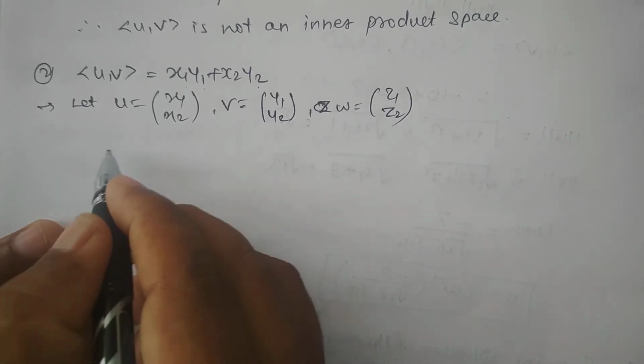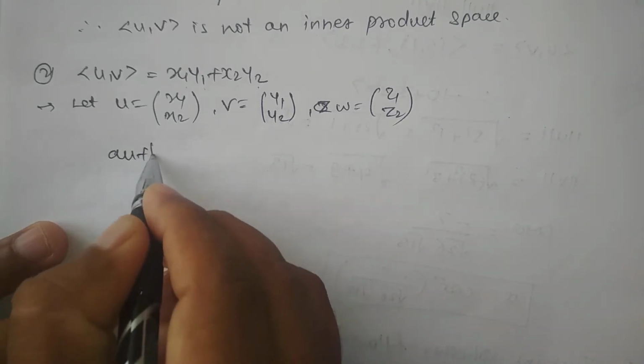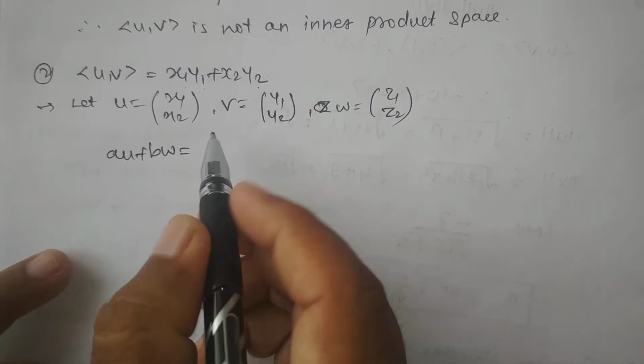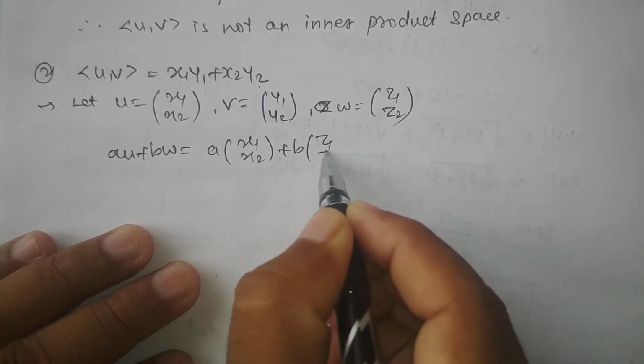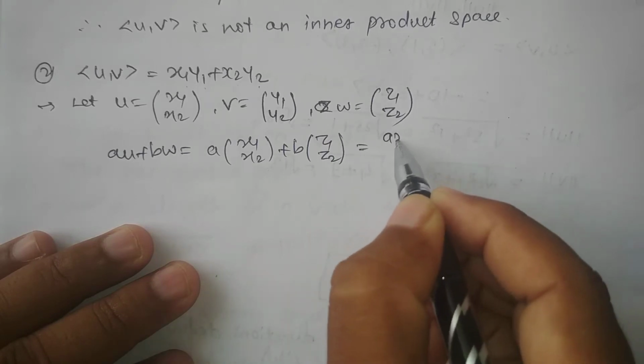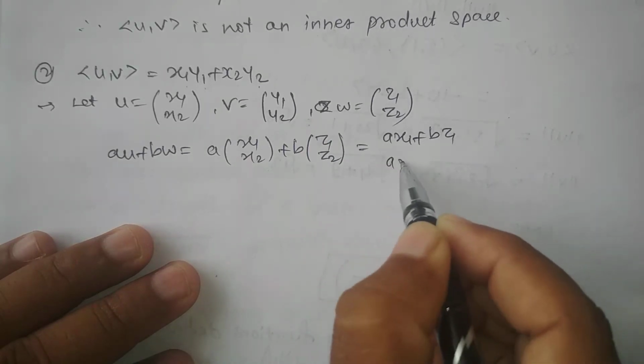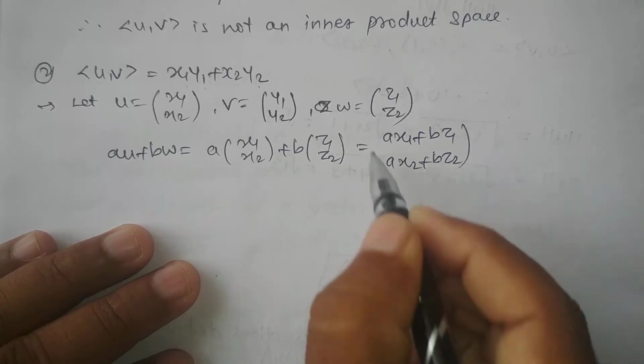First we have to calculate au plus bw. What is au plus bw? It is a into x1 x2 plus b into z1 z2. So this is ax1 plus bz1, ax2 plus bz2.